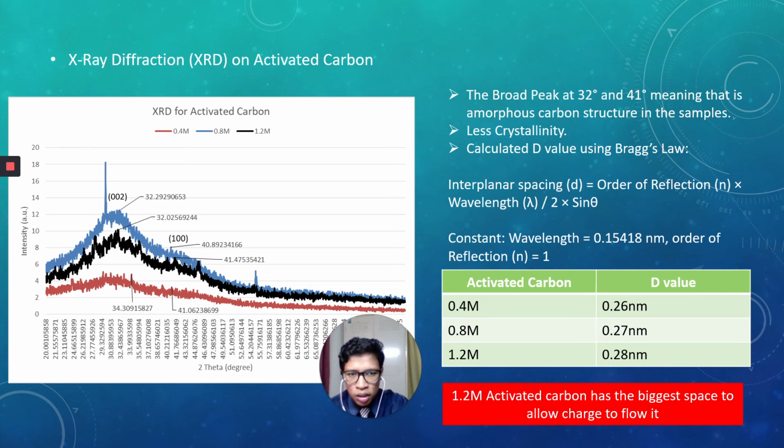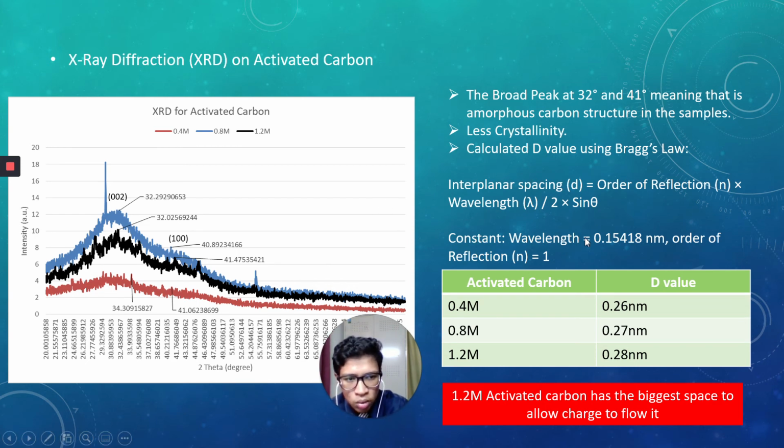Also with this graph, we can calculate the D value using Bragg's law, where the interplanar spacing equals the order of reflection times wavelength over 2 times sin theta.